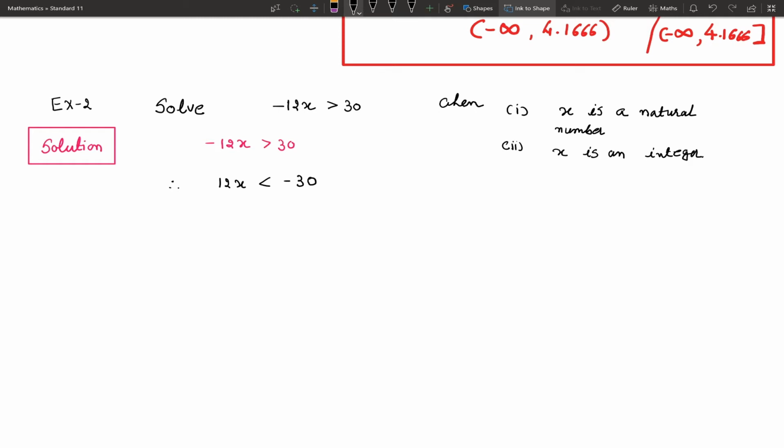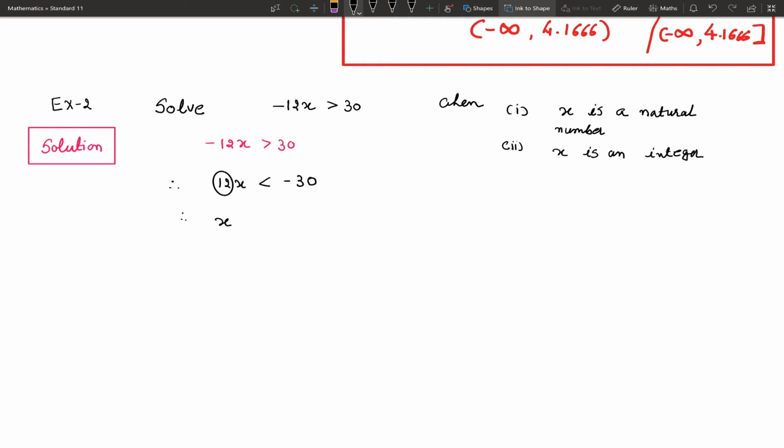Here minus 12x greater than 30, but if we multiply by minus 1, the inequality changes, so 12x less than minus 30. Now the coefficient of x is 12, so we divide throughout by 12.